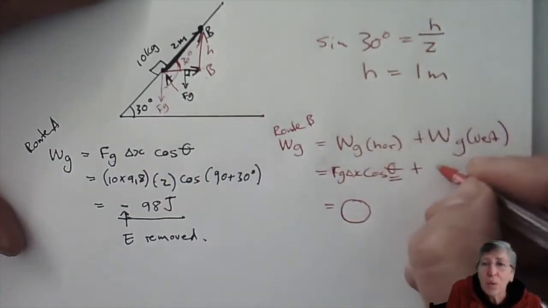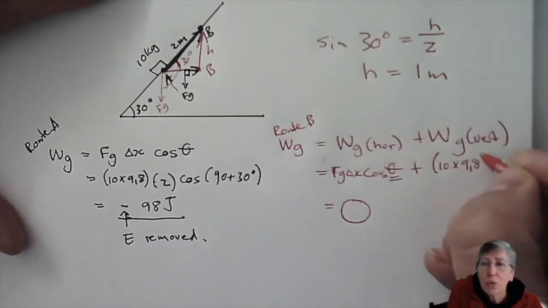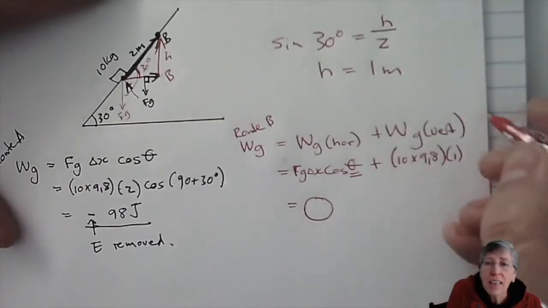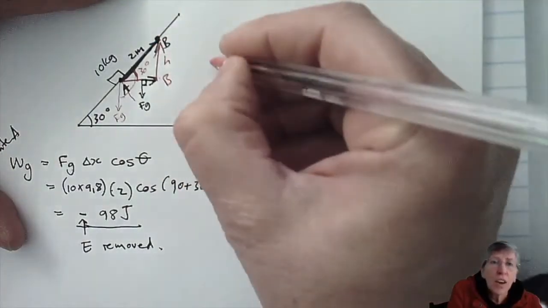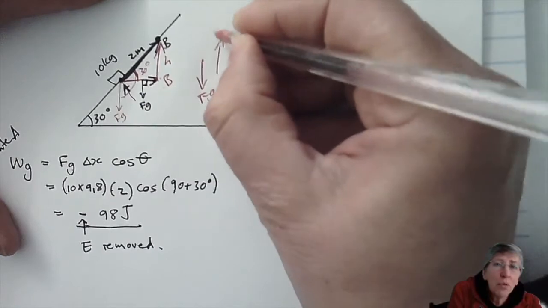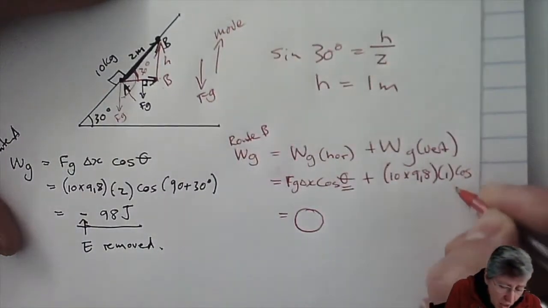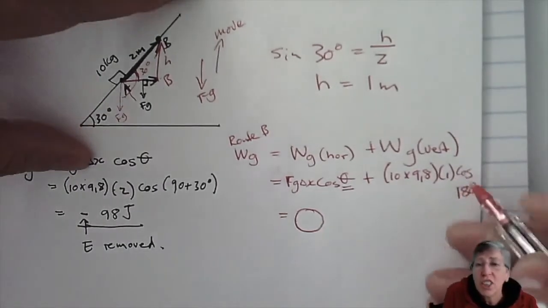So here I will say it is 10 times 9,8 for the force, times 1, right? Times, and now cos, and careful, gravity is working down, and I am moving up, right? So the angle I need over there is cos 180, which is just the minus.